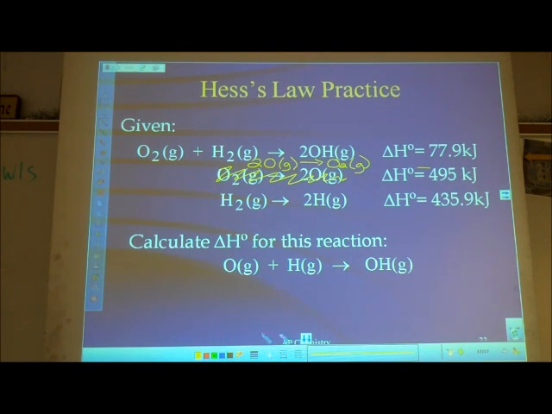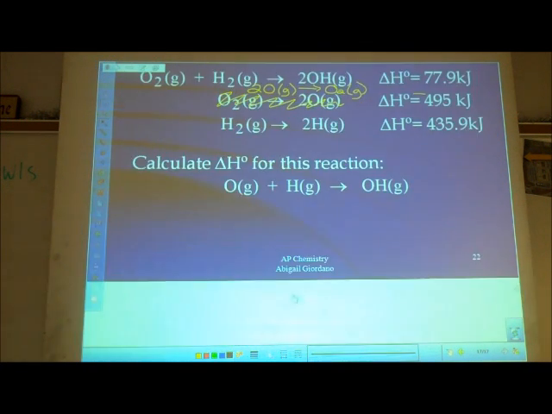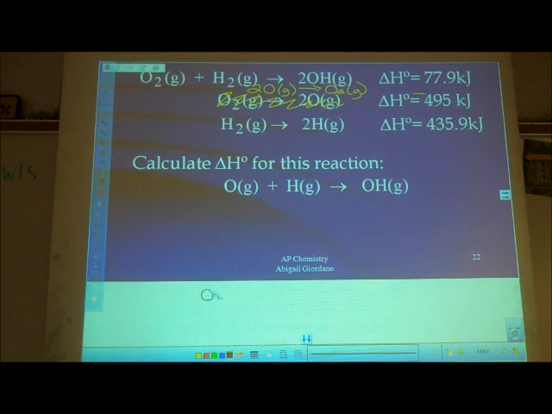Also multiplies it by 1/2. So then my mini reaction looks like this. Yes, you are. I know that goes against what we usually say. But yes, you can.